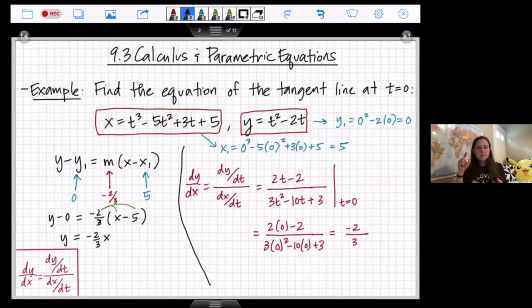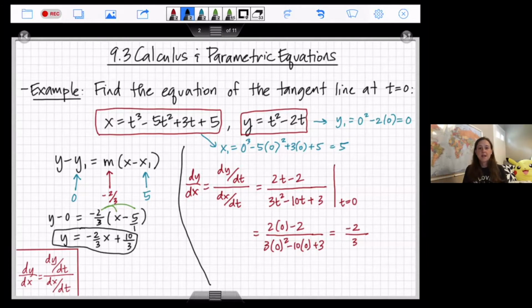Negative 2/3 times a negative 5 is going to be a positive. Remember, 5 is really 5 over 1. Multiplying on top gives me 10 and 3 on bottom. So I get negative 2/3 x plus 10/3, and that's the equation of my tangent line.